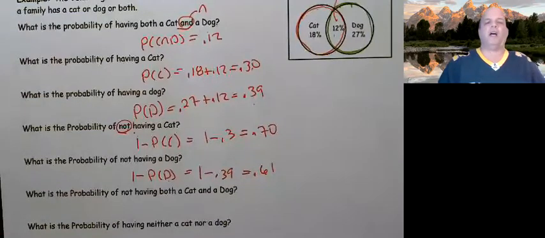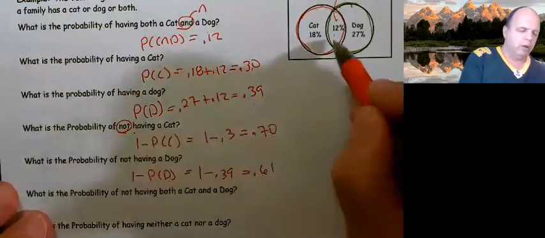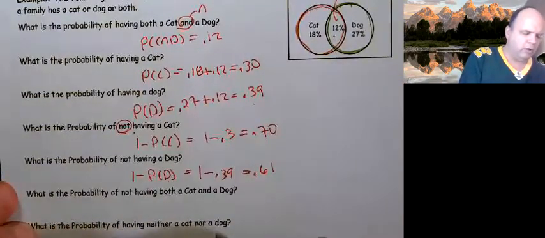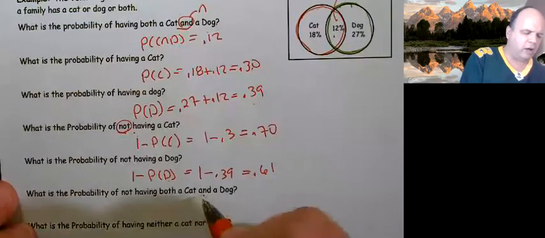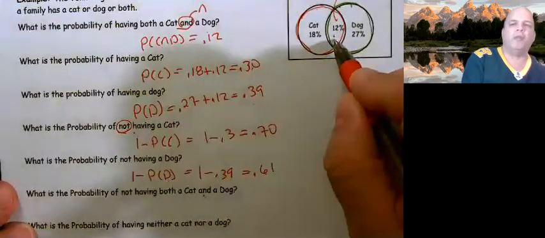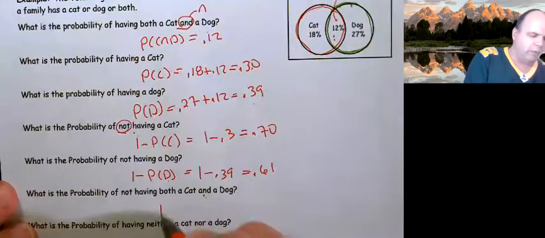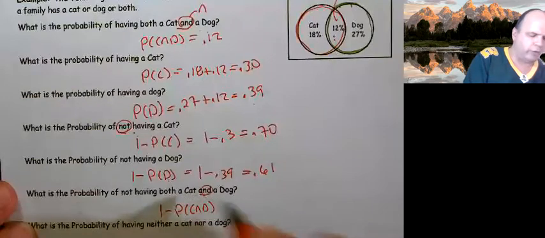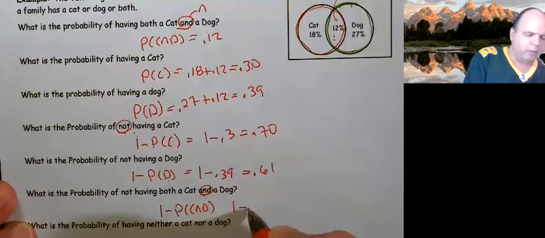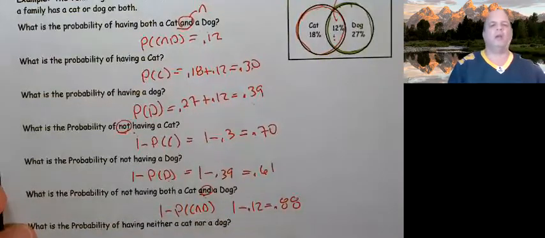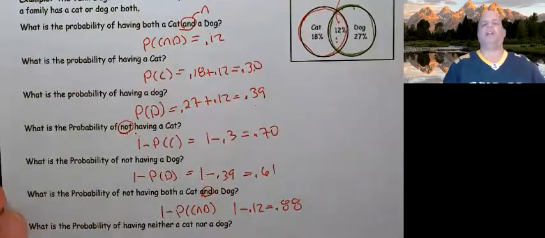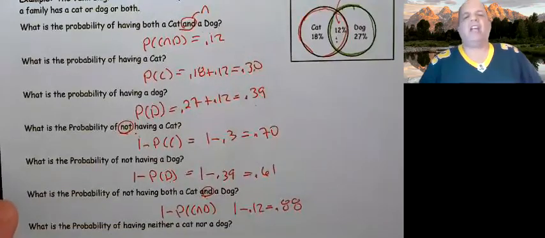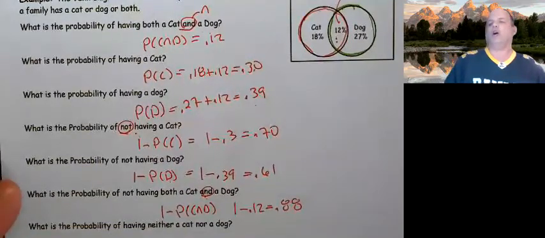What's the probability of not having both? All right, a cat and a dog. So they're talking about both. Both is this. So 1 minus the probability of cat and dog. Because remember, this is also the intersection symbol. So 1 minus 0.12 equals 0.88. What is the probability of having neither a cat nor a dog?